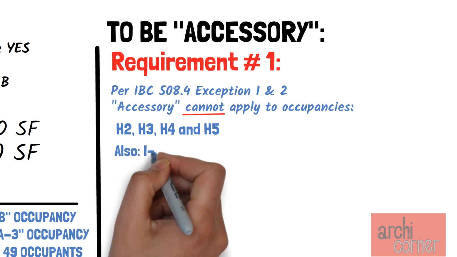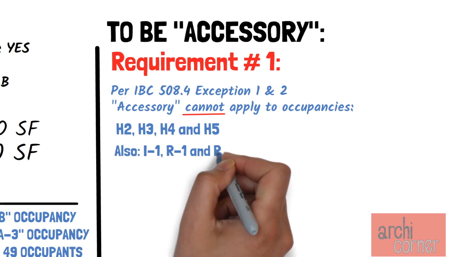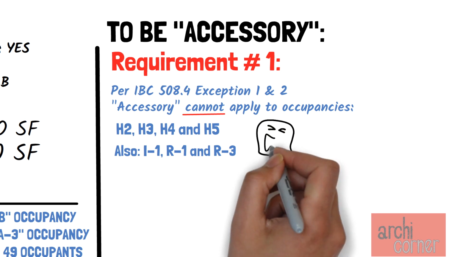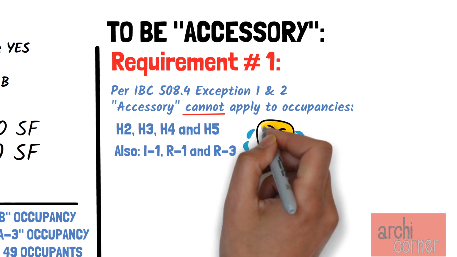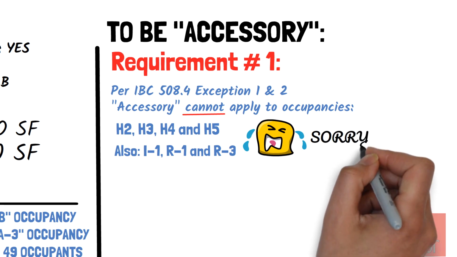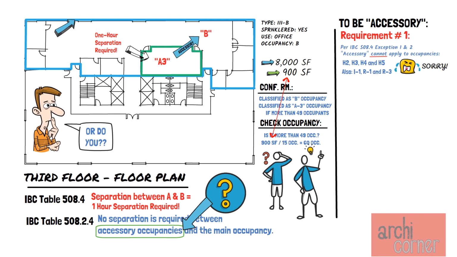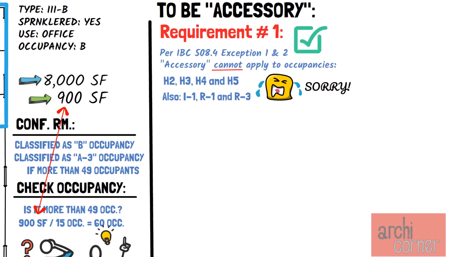Also, groups such as I1, R1, and R3 must also have a separation. Having said that, you won't be able to take advantage of this exception if that is the case. In our example, we have an A3 and B occupancies, so we're still good. So let's move on to the second requirement.